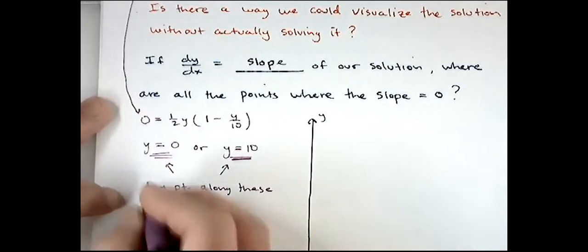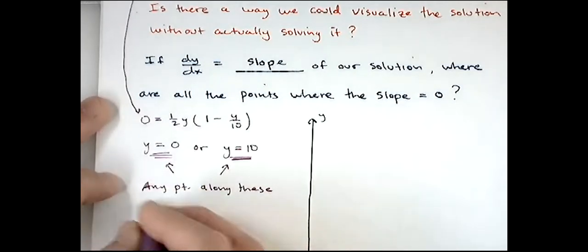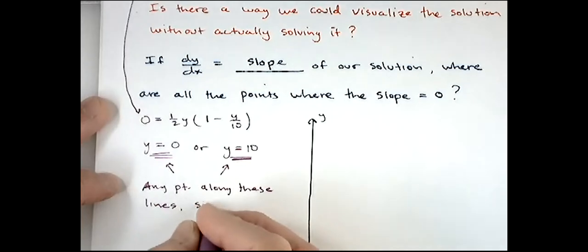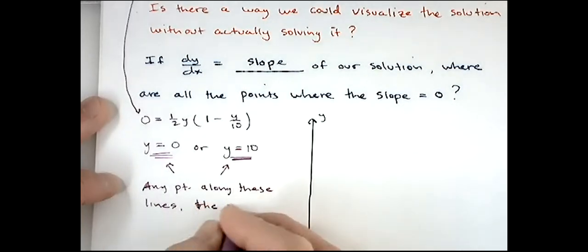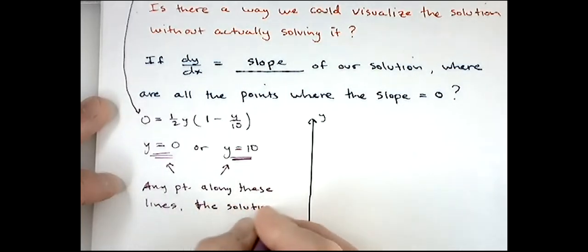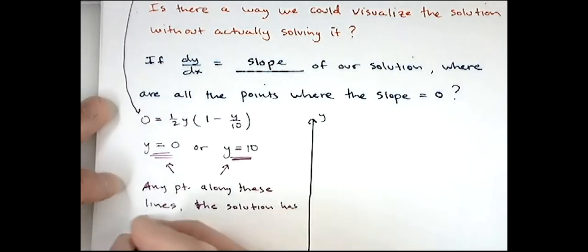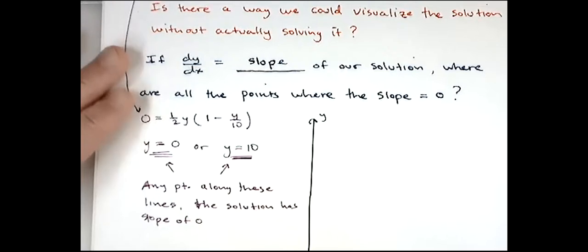Any point along these lines, the solution has a slope of 0, which means it's going to be horizontal.